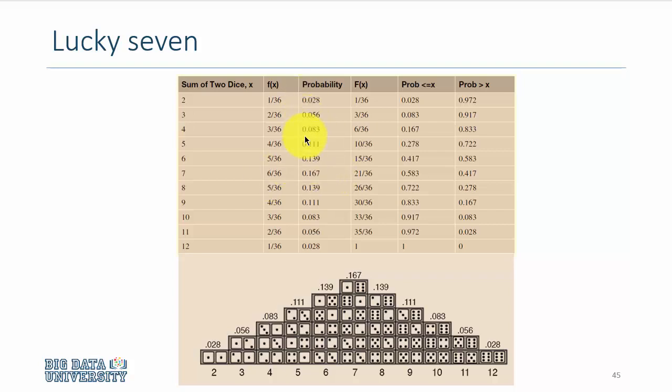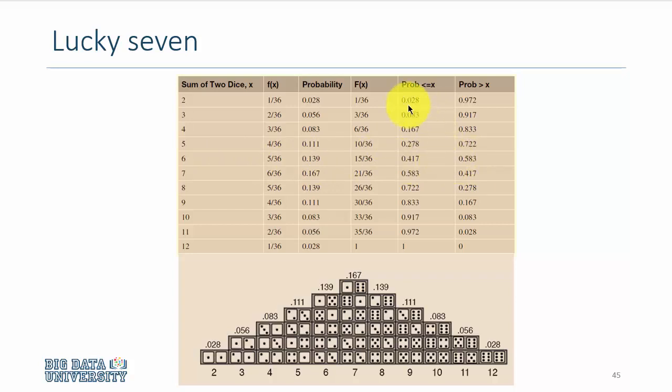And if you were to sum these probabilities up, that is 0.028 plus 0.056, you get 0.083. So if you sum up all these, they all sum up to 1, and the probability of getting greater than 6 is 0.583, or getting less than or equal to 6 is 0.417.